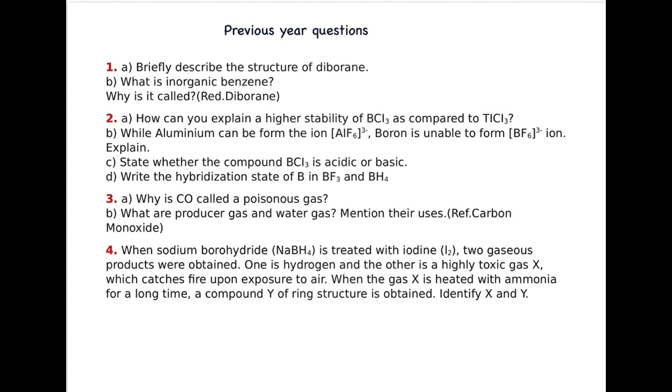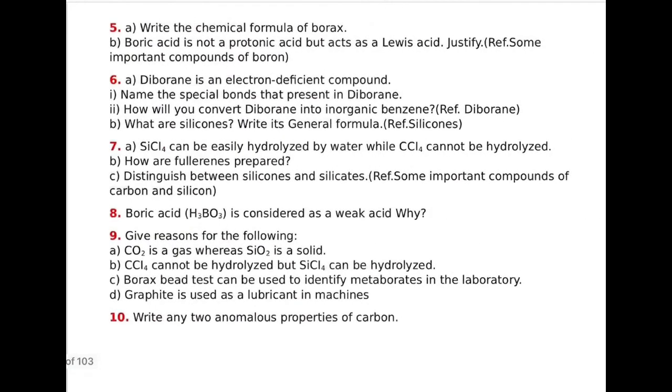These questions repeatedly come in the examinations. Characteristics and preparation of compounds such as borax, silicones, silicates, acidic character of halides of boron family members and allotropes of carbon also came several times in previous examinations.